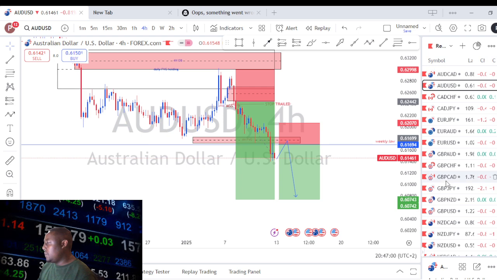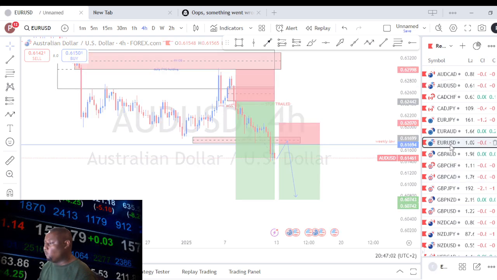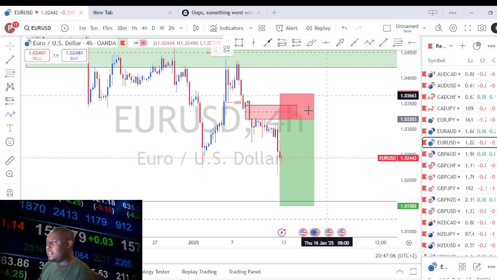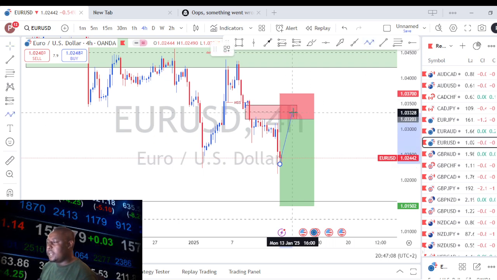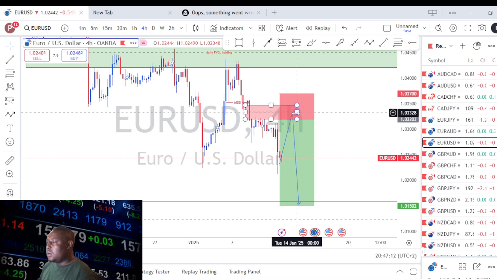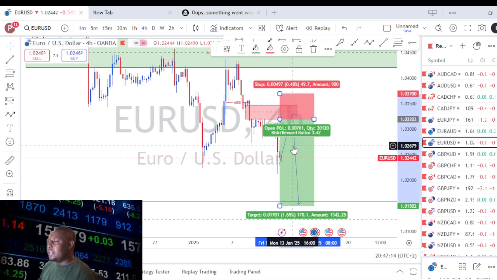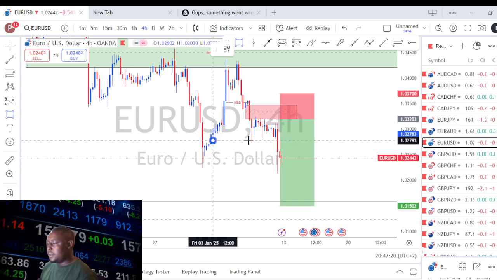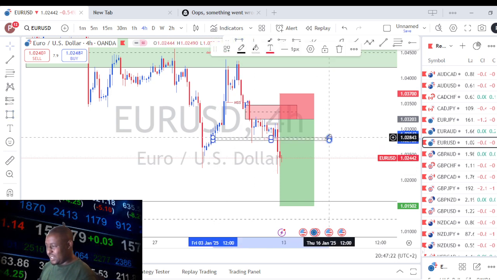And also I'm looking at Euro USD. This is quite far away, but anything above here, then I'm gonna look to enter. With this, you're likely to get a rejection here also, because it's a breakout.